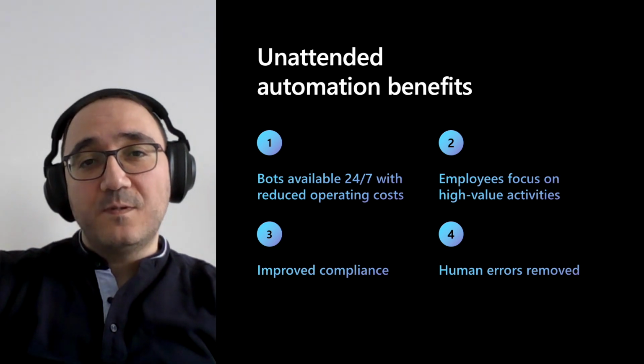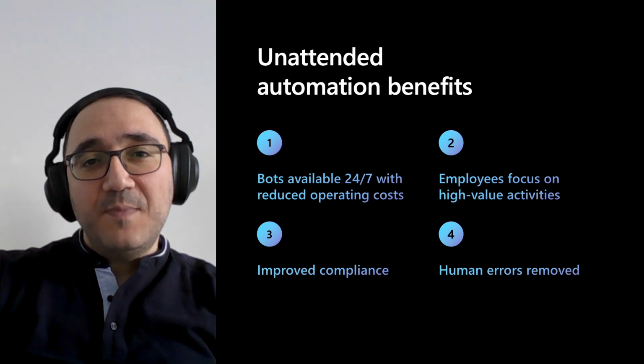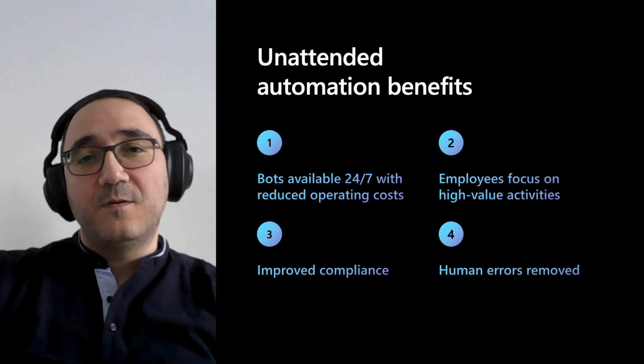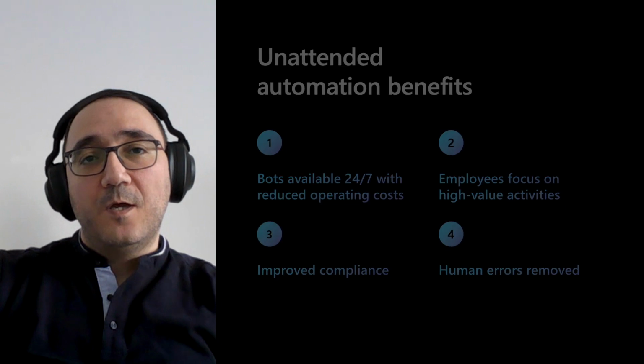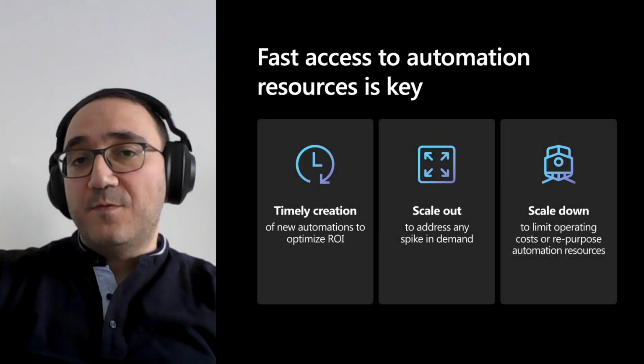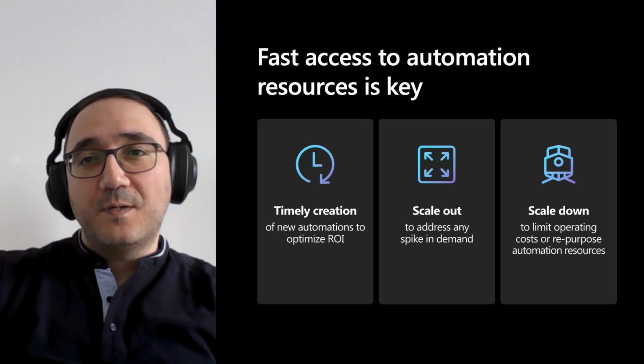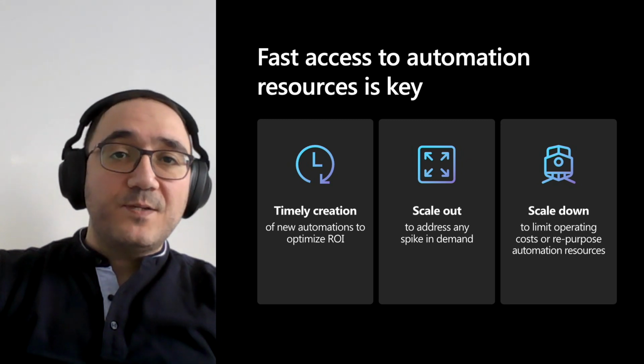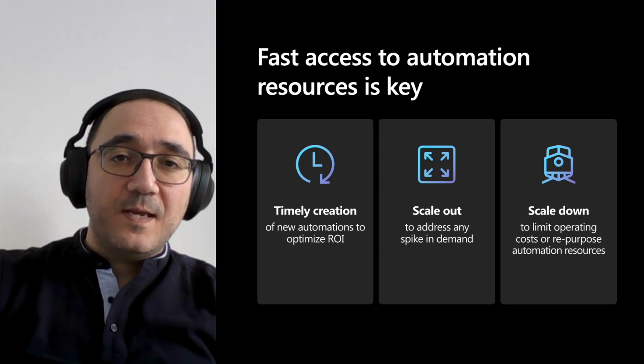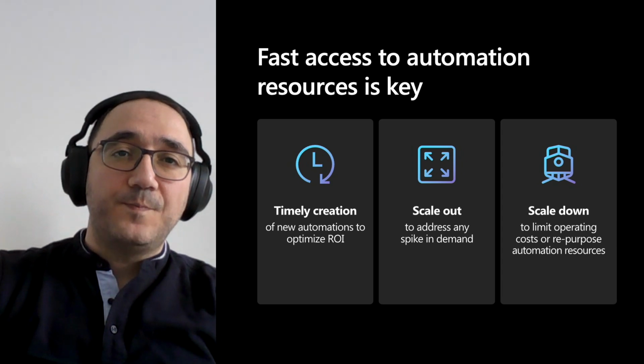And it improves compliance and eliminates human margin for error. Those benefits don't come for free, as you need to ensure those unattended bots run seamlessly and are optimized for your needs. The main challenges are about setting up and managing them over time.